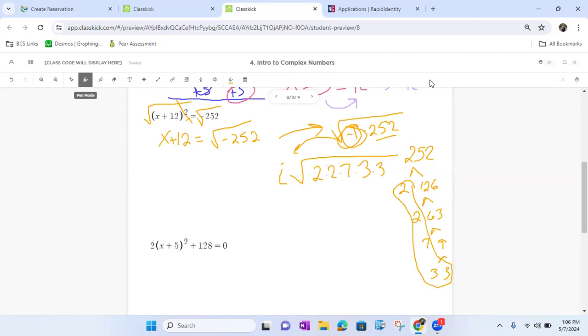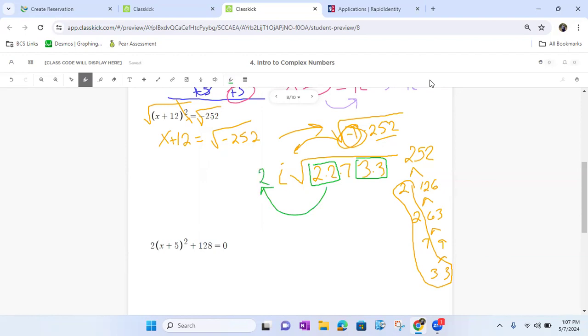And what we're going to do is what the square root asks us to do. It says look for groups of 2 that are the same. So there's a group of 2 that are the same. There's another group of 2 that are the same. And then what we do is we swing them to the outside.